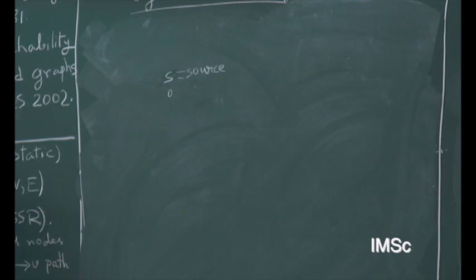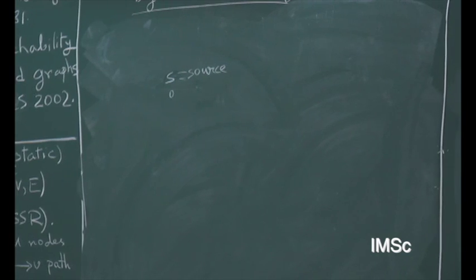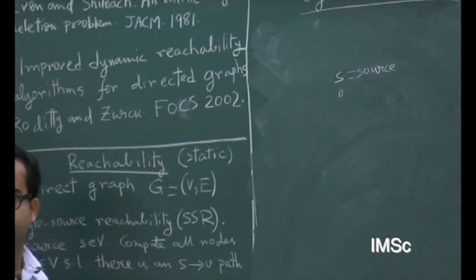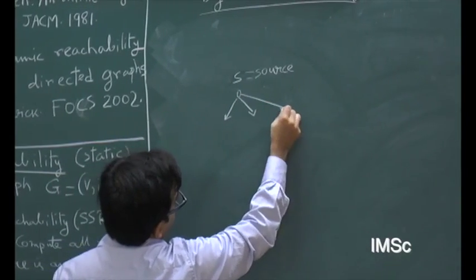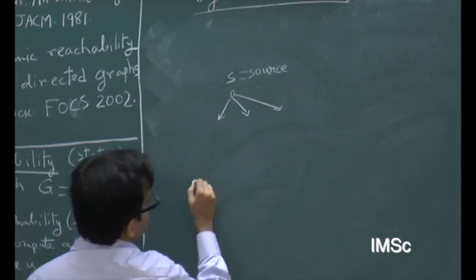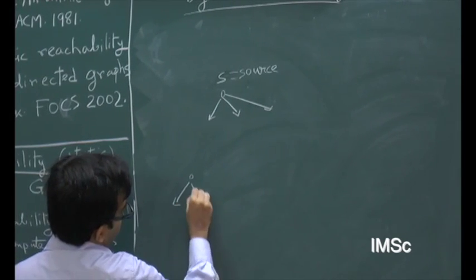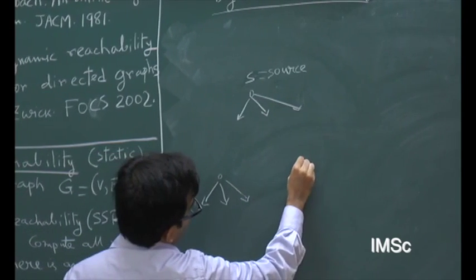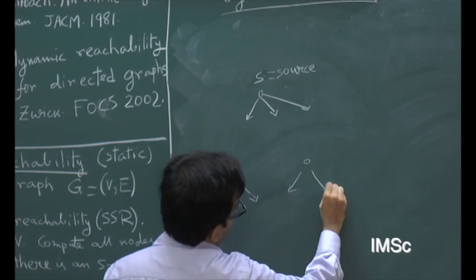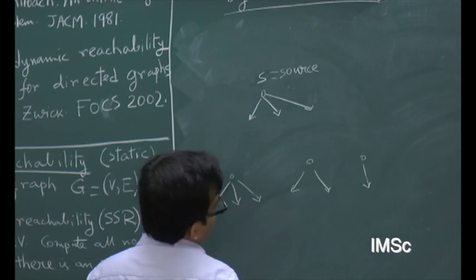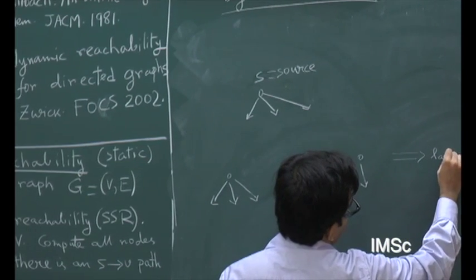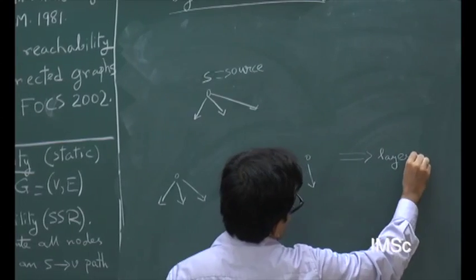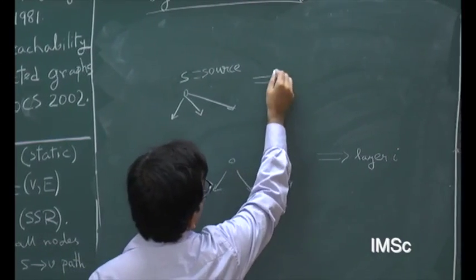So, we want to maintain a BFS tree in a decremental setting. The most natural thing is to start with any arbitrary BFS tree. So, we have a BFS tree, and so now suppose this is layer I, and this is layer 0.